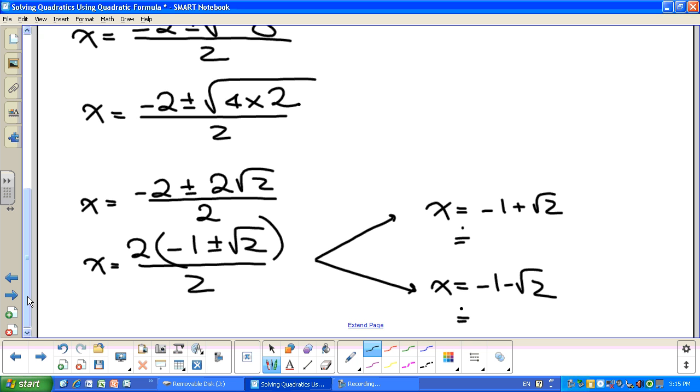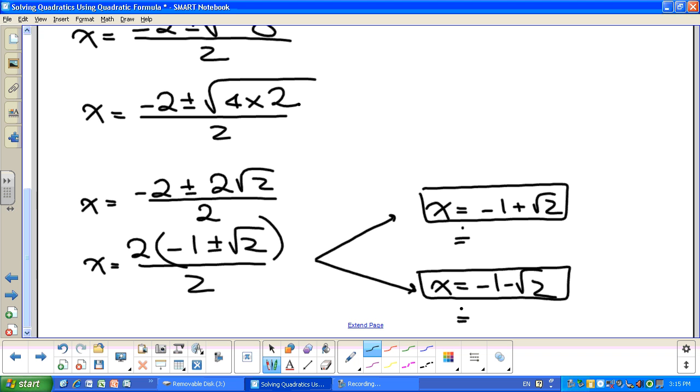But what we really want is the exact forms, and those are the ones that include the square root. What happened to the 2's? I divided both the numerator and the denominator by 2. Very good. So here are the two solutions and 2 x-intercepts for the first question.